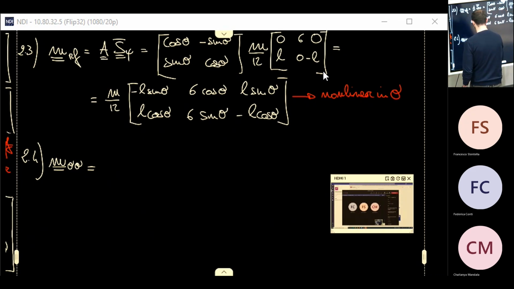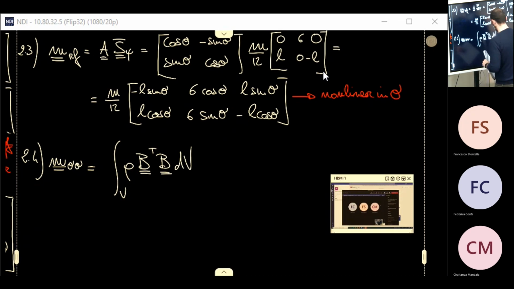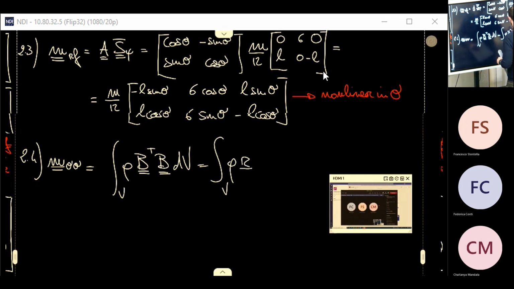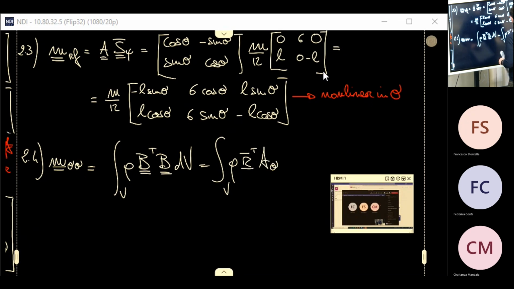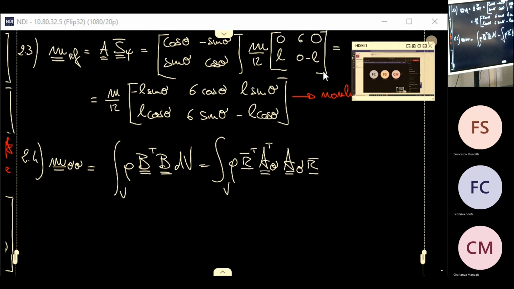Now, if you remember, this was defined as the integral over the domain of the matrix B transposed over B, which in the 2D case can be written, as we have seen, as R transposed A theta transposed 1 over A theta from the previous definition of B. Now, since A, if you remember, was an orthogonal matrix, A theta as well is an orthogonal matrix.